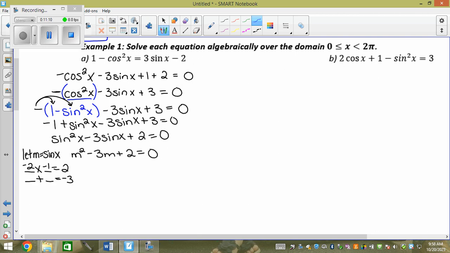Negative 2, negative 1. So I get m minus 2, m minus 1. So I get m equals 2 and m equals 1. And m is actually sine x, so sine x equals 2, sine x equals 1.